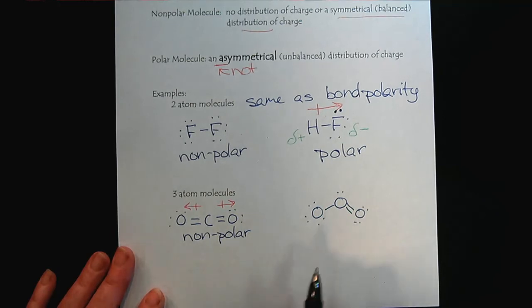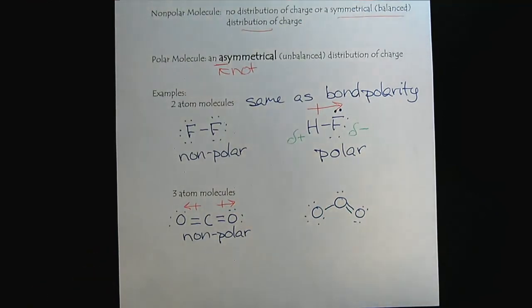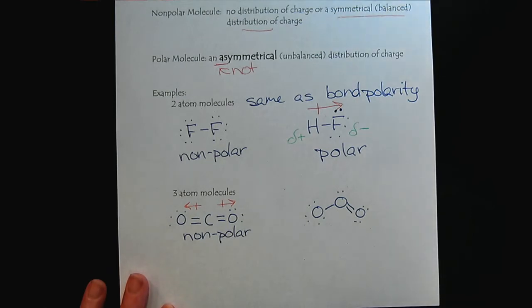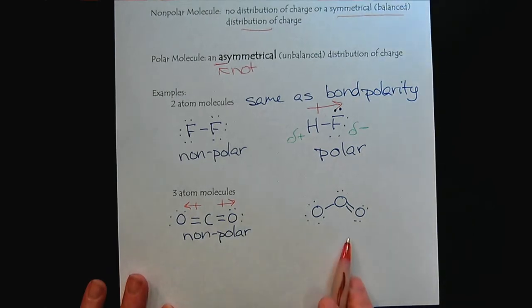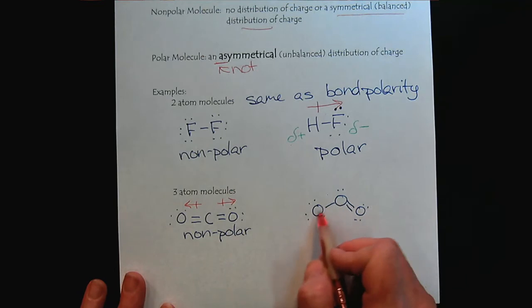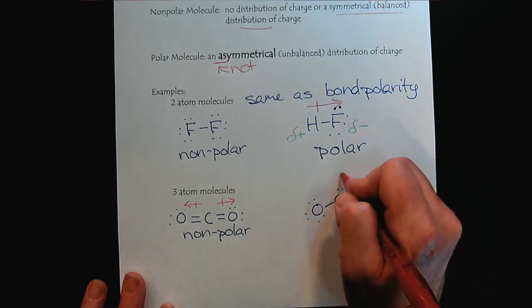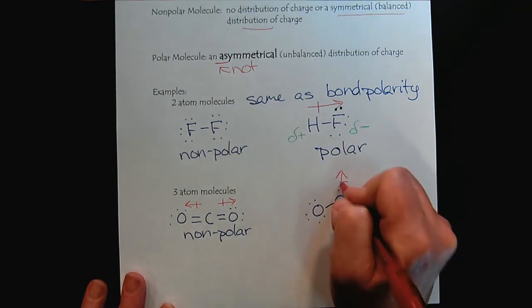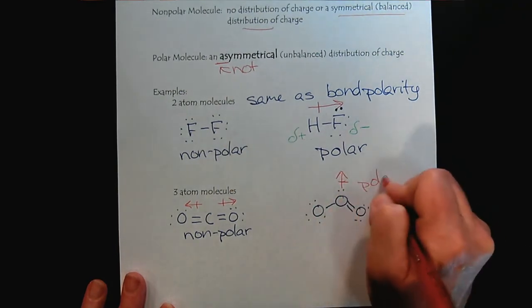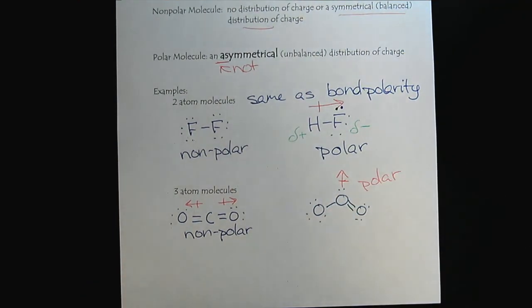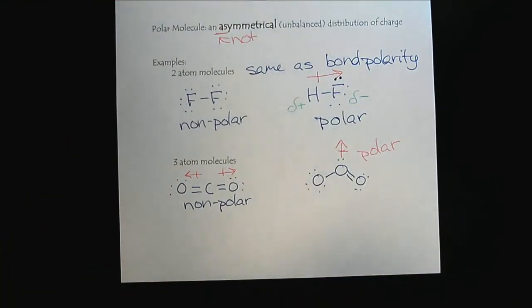But instead of just memorizing something blindly, let's reason it out. So even though these are all oxygens, the lone pair is going to pull, and that's going to create polarity.